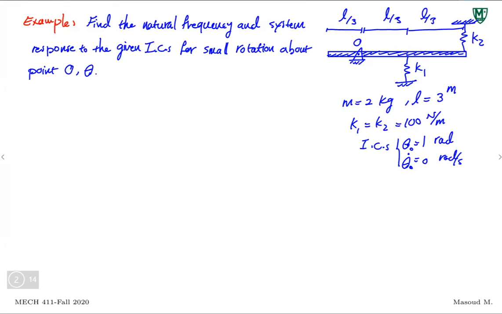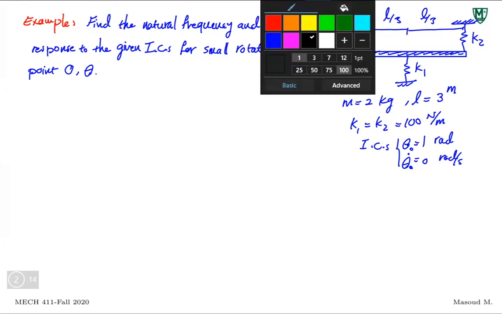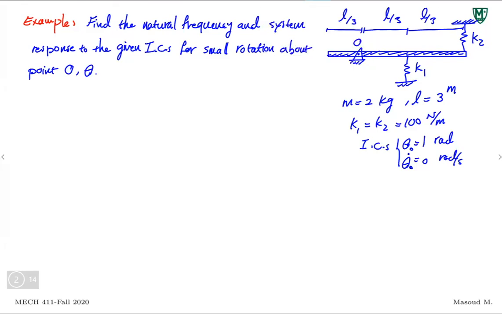So let's draw this again. I'm just going to use a straight line to make my life a little easier. And let's say I'm assuming that it's rotating clockwise, and I'm exaggerating a little bit. So obviously theta is more than 1 radian.